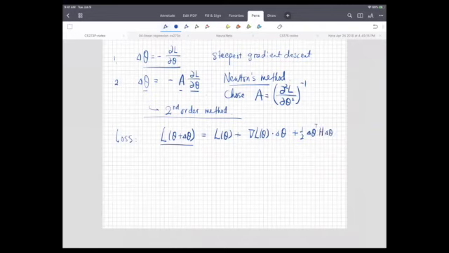That's the Hessian here, which is equal to the second derivative of this with respect to the parameters.